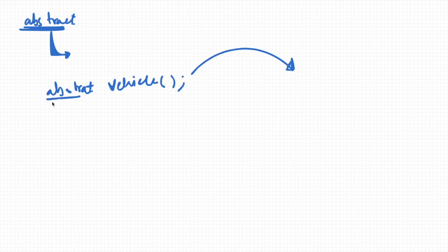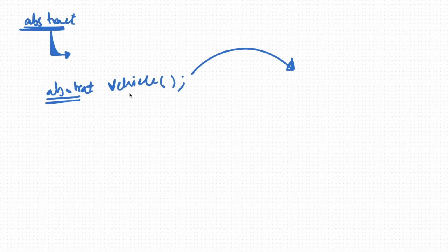If we define a constructor like abstract vehicle and don't give the implementation, and I want to give the implementation in a different class, because abstraction means the implementation will be done by a different class.